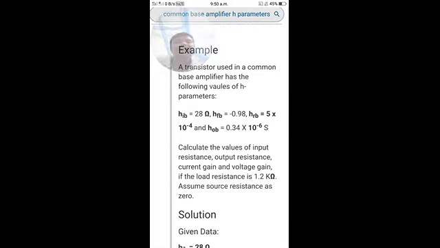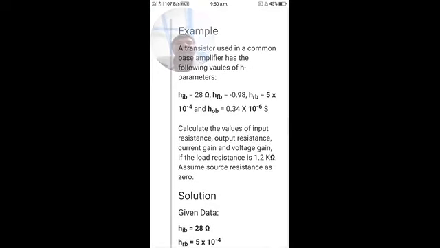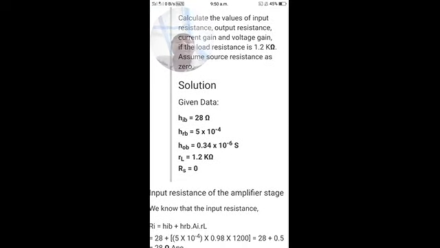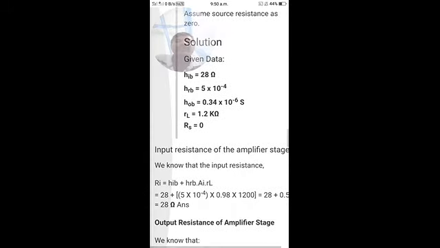Calculate the values of input resistance, output resistance, current gain and voltage gain. If the load resistance RL is 1.2 kilo ohms, assume the source resistance is 0. So given data: HIB 28 ohms, HRB 5 into 10 power minus 4, HOB 0.34 into 10 power minus 6 Siemens, RL 1.2 kilo ohms, RS is 0.